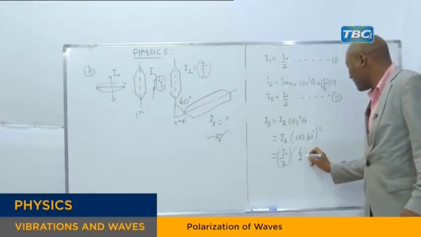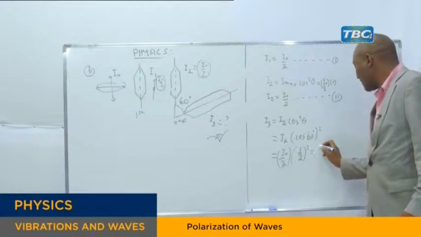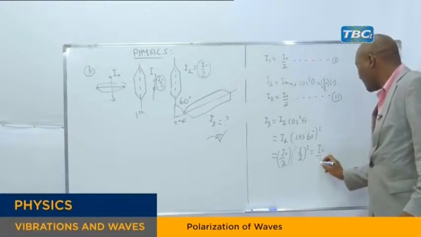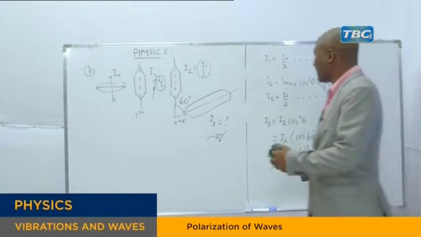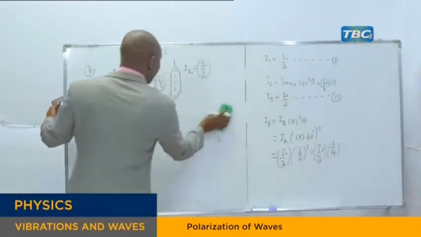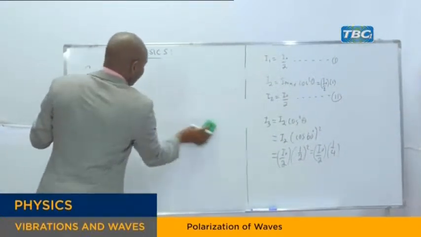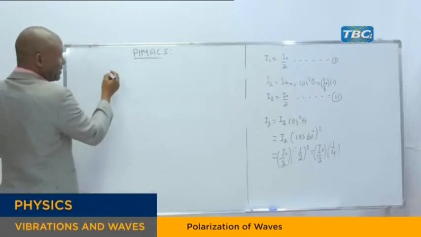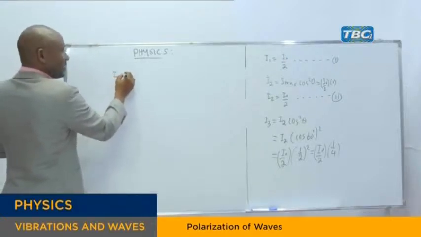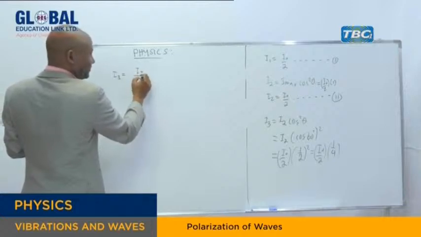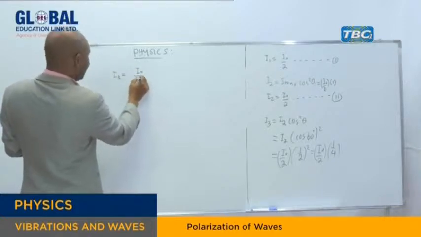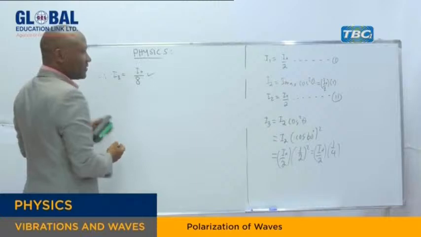Check your calculator. Squared, this will be 1 over 4. And the final answer here, I3 equals I0 over 8. That's the final answer.